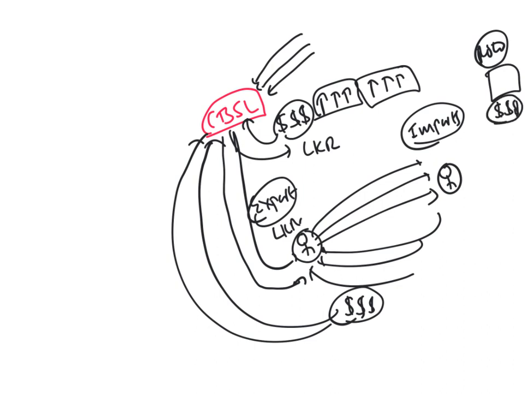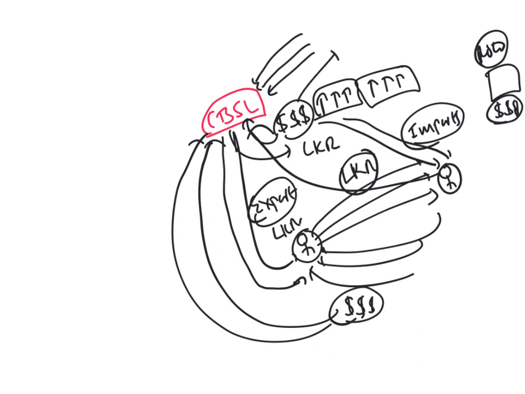But the Sri Lankan businessman doesn't have dollars. He goes to the central bank, gives his Lankan rupees, and buys dollars from the central bank, which leads to a reduction in the foreign currency reserves. So in import transactions, dollars are going down with the central bank. In export transactions, dollars are going up in the central bank.